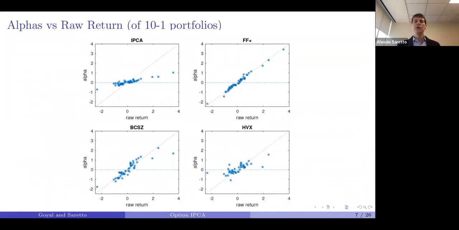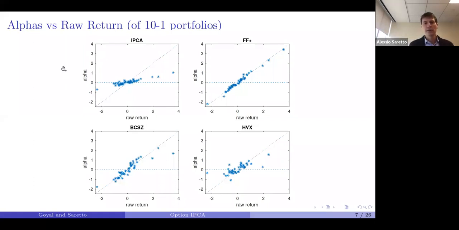Each dot is the return or the alpha, according to the associated model, of a test asset, which is a spread portfolio based on some characteristics. The way you want to read this is that on the x-axis there is the return, on the y-axis there is alpha.